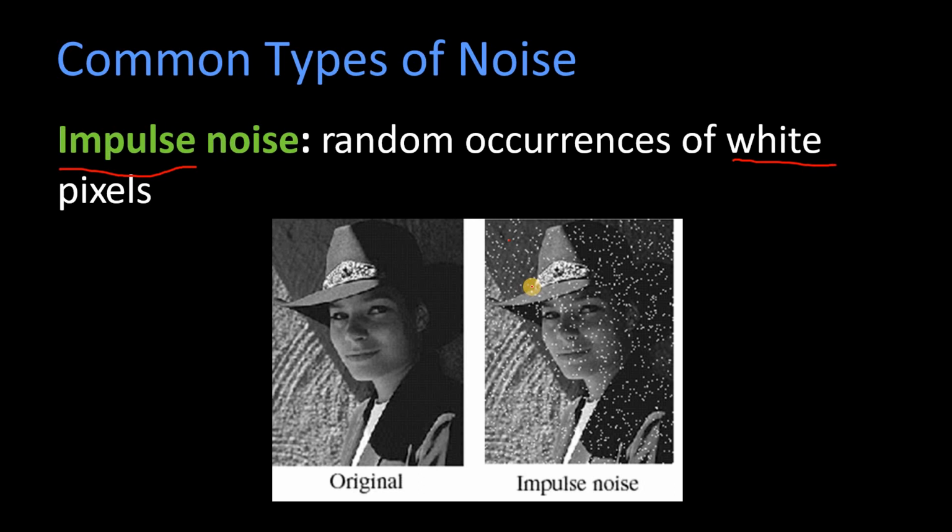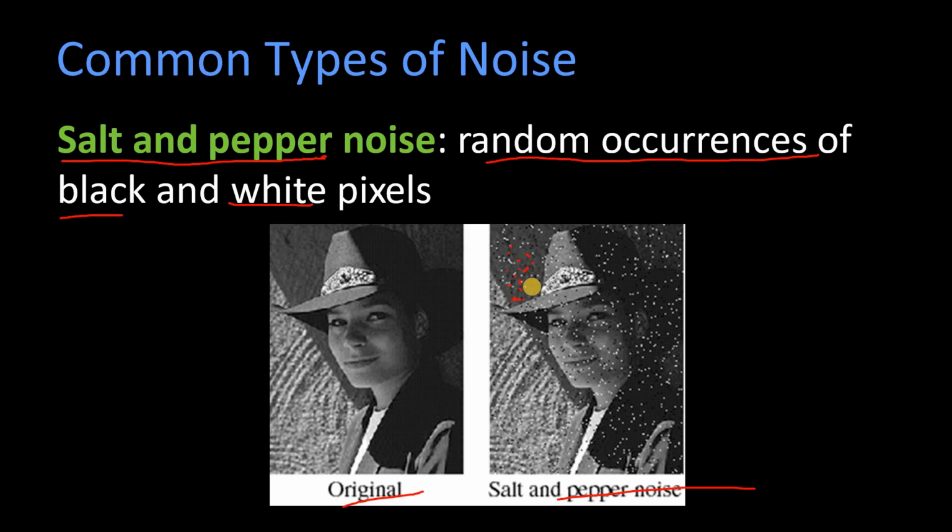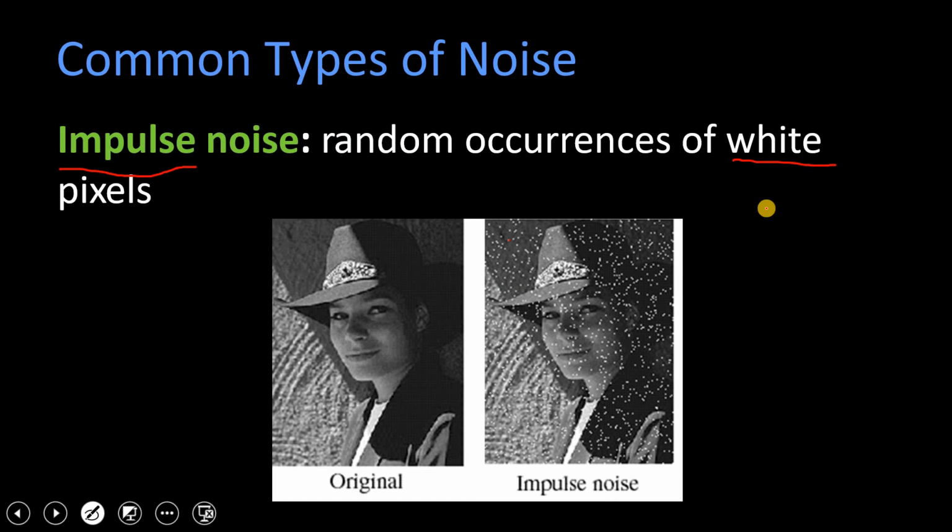In salt and pepper, the black pixels have value 0 and the white pixels have value 255. These are the extreme values inside the image. In impulse noise, we only have the higher values, 255, everywhere.